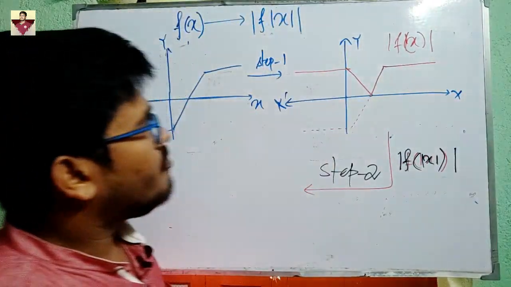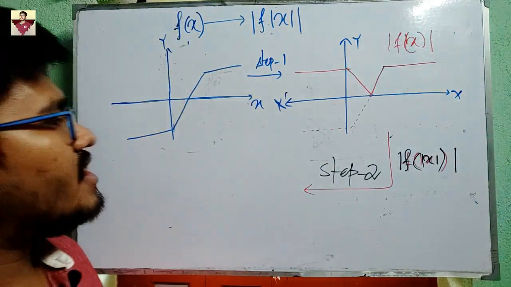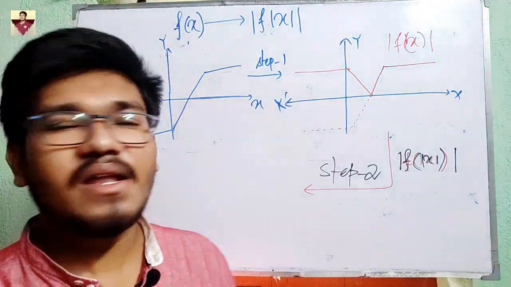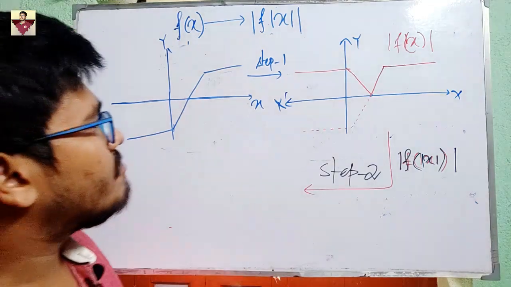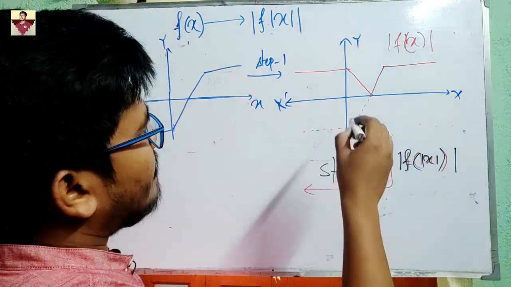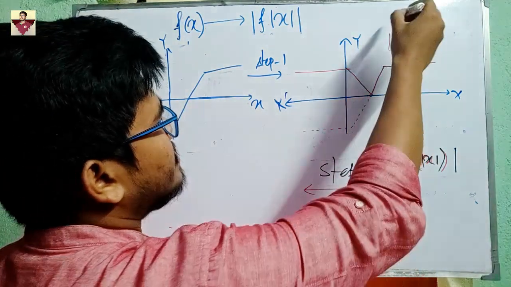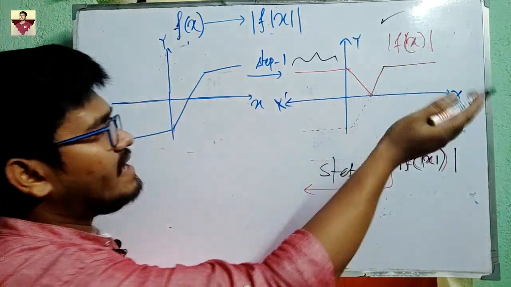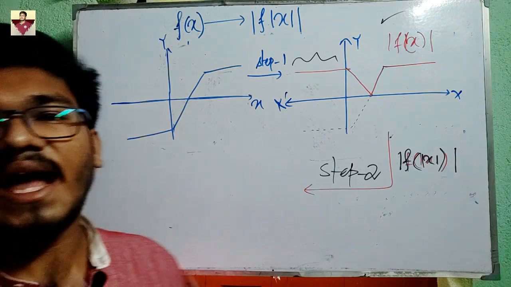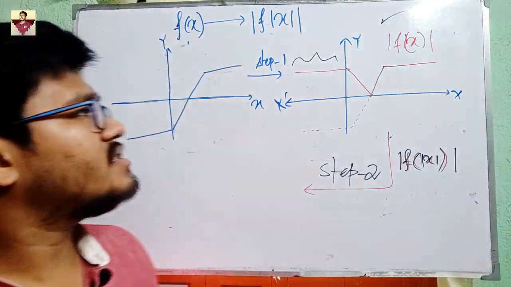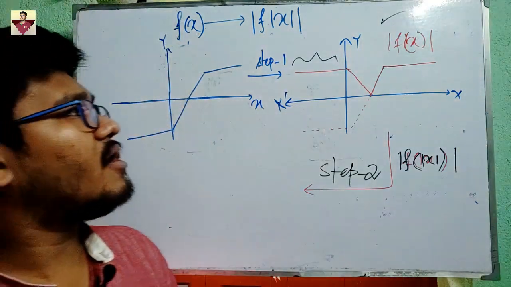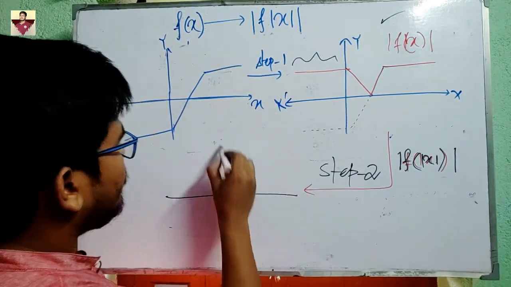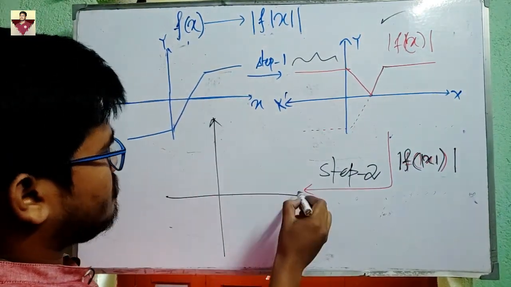I already told you some time ago that if the variable is in modulus form, whatever is in the negative side of the x-axis, you will neglect, and then you will take the mirror image about the y-axis. So after performing step 2, your graph will look like this.